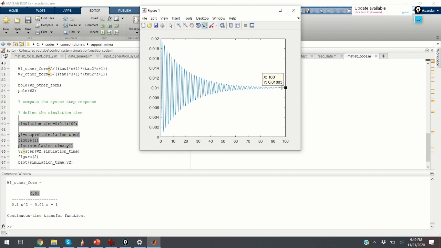However, in the response, the displacement becomes equal to 0.01. So this is some kind of attenuation of your input force in your system. It's not actually the attenuation of the force. However, the gain can be defined as the ratio of the displacement over the force, which is equal to 0.01.